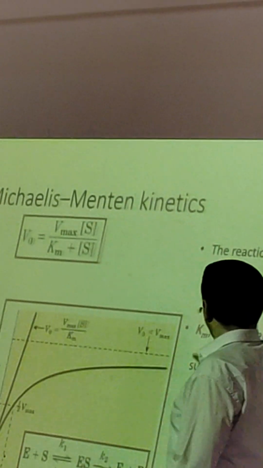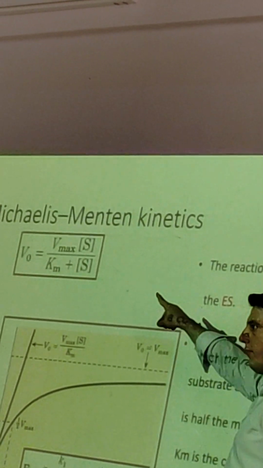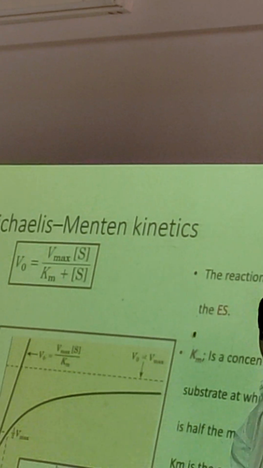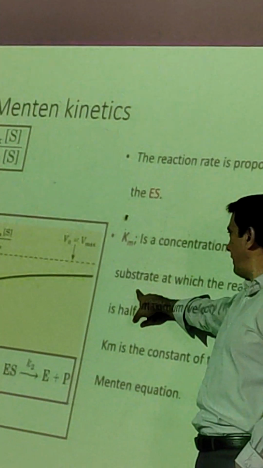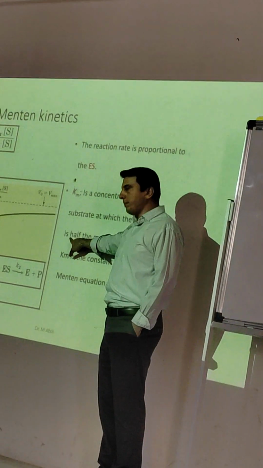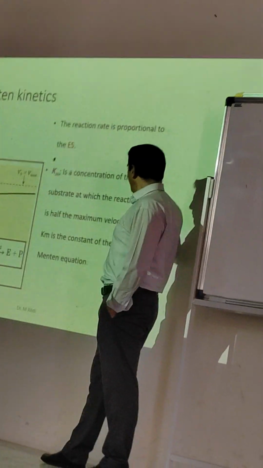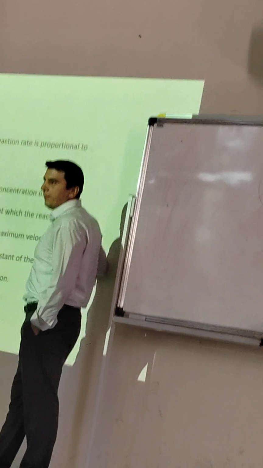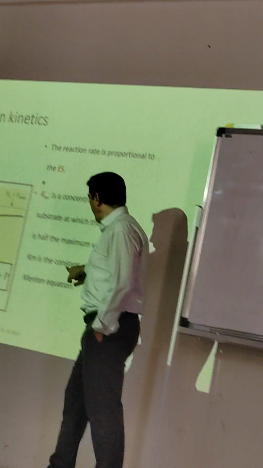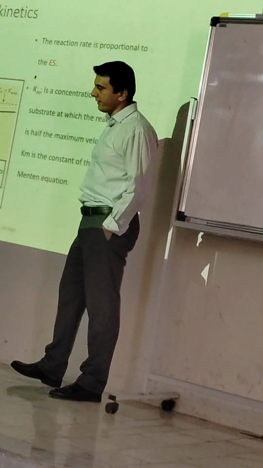What is Km? Km, or constant, is the concentration of the substrate at which the reaction rate or speed is half the maximum velocity Vmax. Km is the constant of the Michaelis-Menten. So M is the abbreviation for Michaelis-Menten and K is the abbreviation for constant.